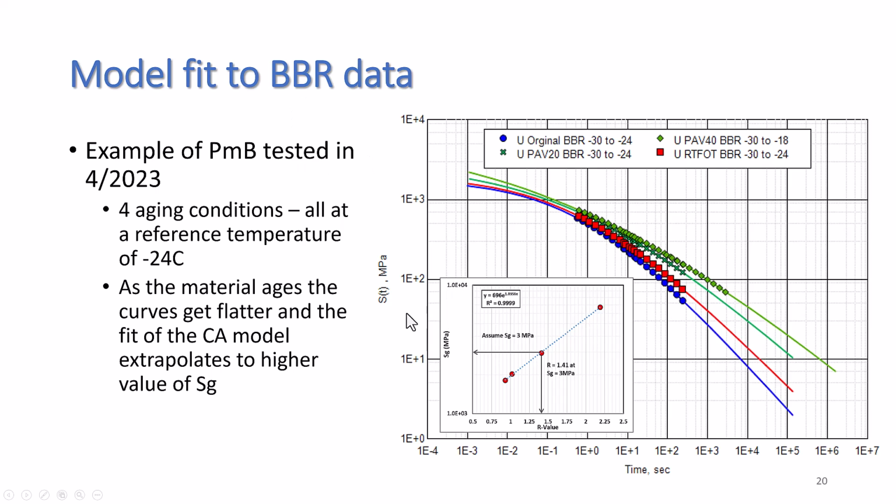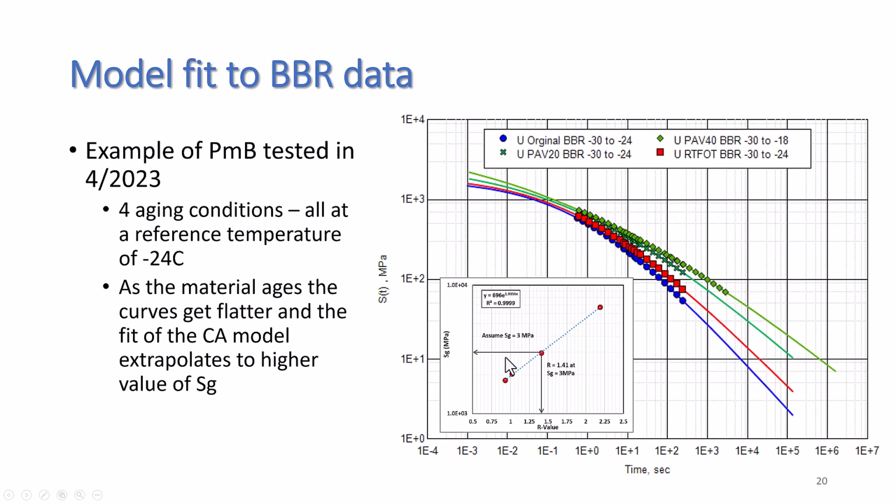And if we look at the calculation here, this is showing the R value from those 4 different tests and the estimated glassy. This is the PAV40, this is the PAV20, original and RTFOT and original.